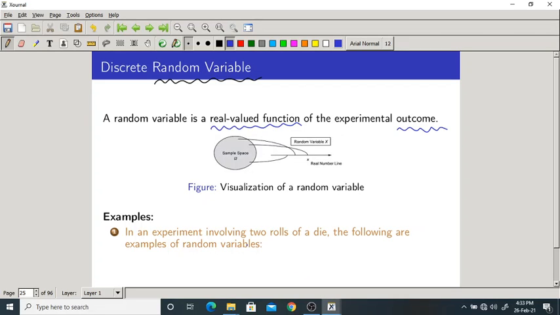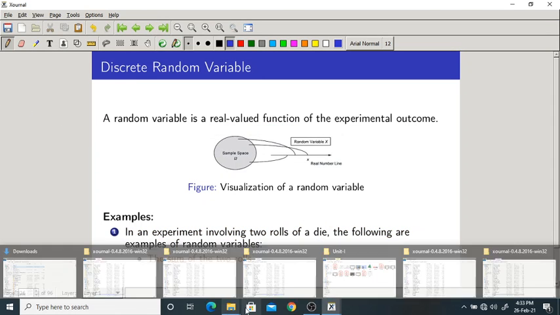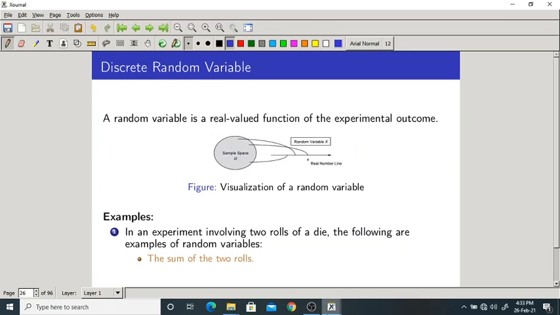Now, for example, in the experiment of rolling a 6-face die, D6 die, the following are examples of random variables. The sum of two rolls is a random variable x. Why?